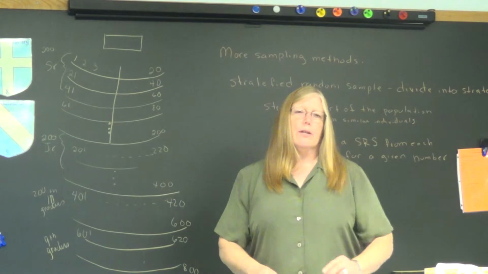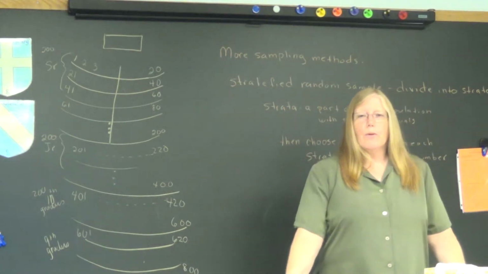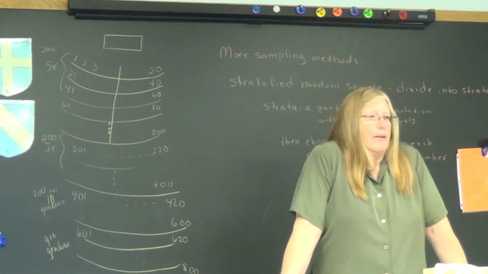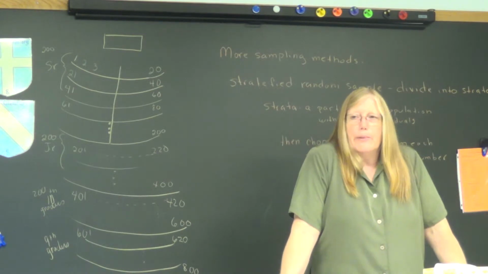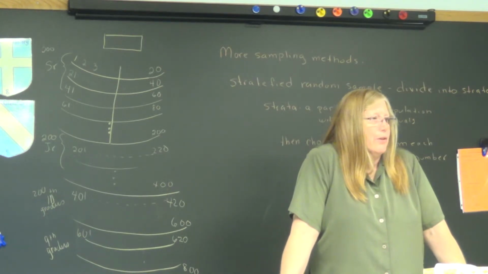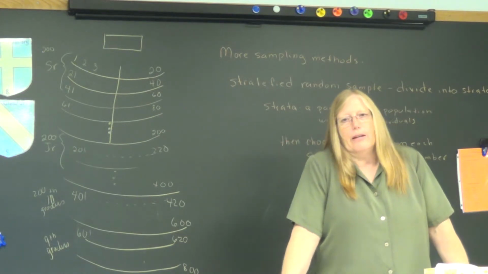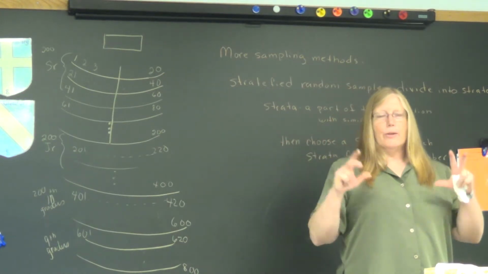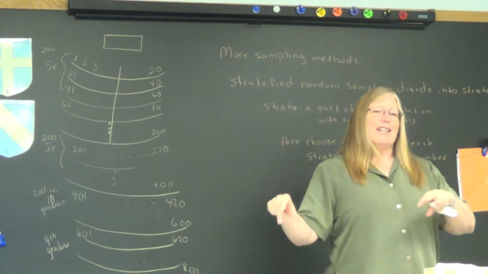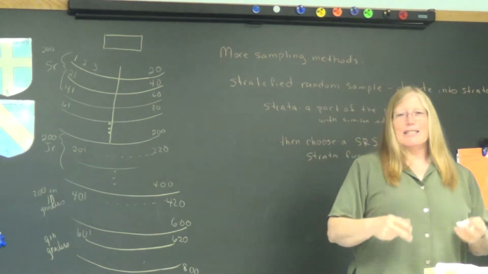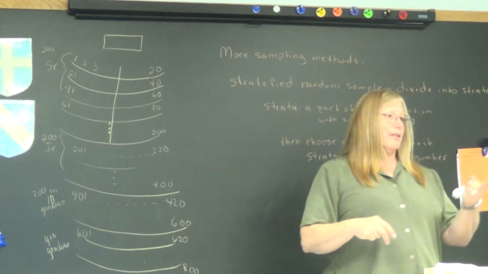If we were going to take this school and form strata out of it, say we don't want to ask every single person the questions on our survey, one thing we could do is divide it into classes, like you had just inferred.